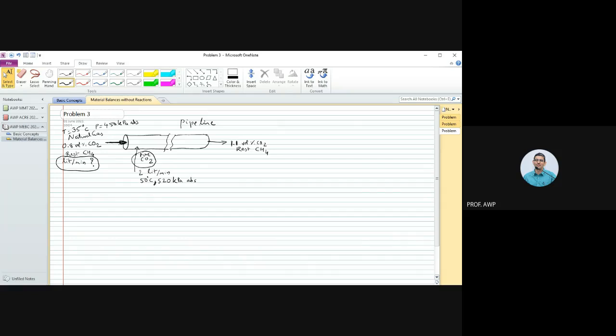Natural gas, let's say it contains 0.8 volume percent carbon dioxide. The rest is methane. I'm adding a certain amount of pure carbon dioxide gas from outside. I'm adding 2 liters per minute, which is at 50 degrees centigrade, 520 kilopascal absolute pressure.